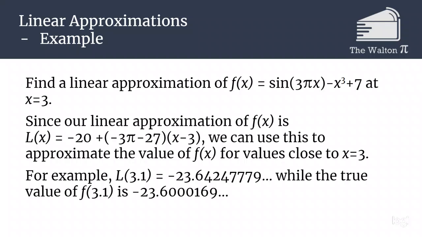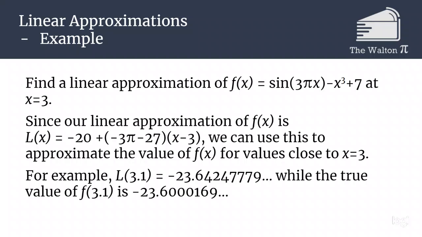So if we were to look at L of 3.1, that gives us negative 23.64247 and so on, while the true value of f of 3.1 is negative 23.600 and so on. So these values are pretty close, and that gives us an example of why we would care about linearization or linear approximations.